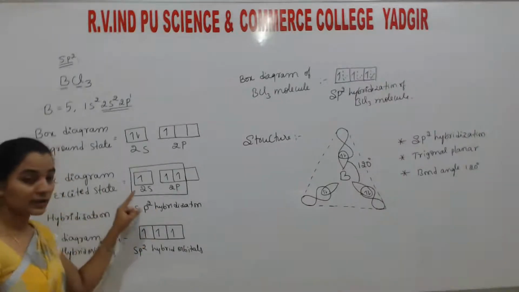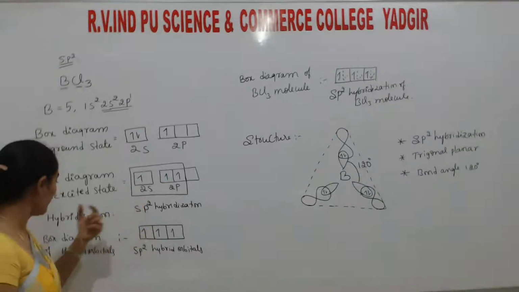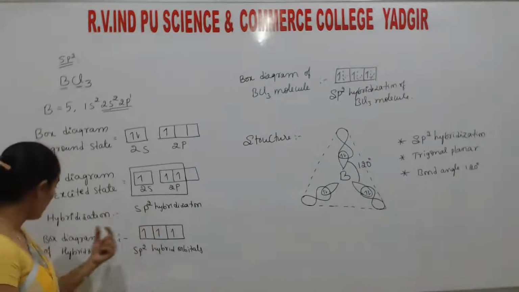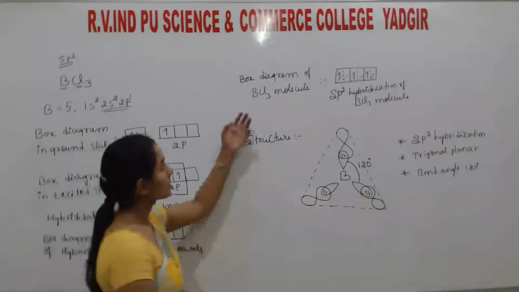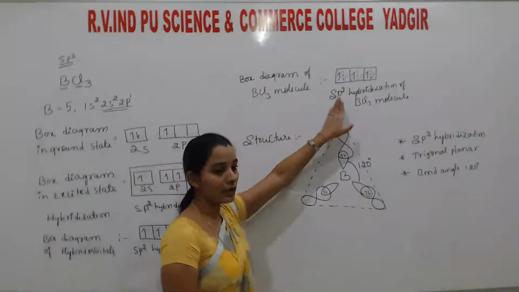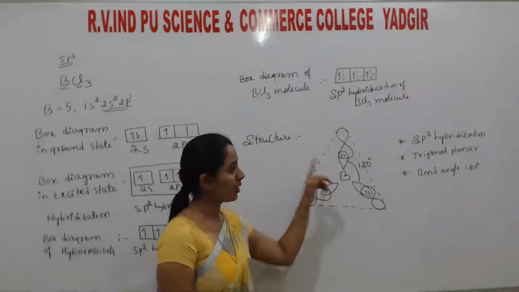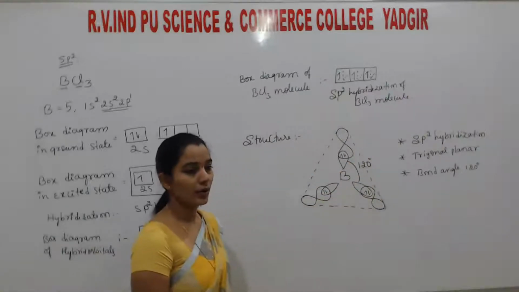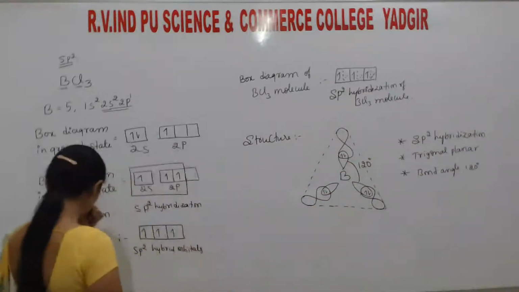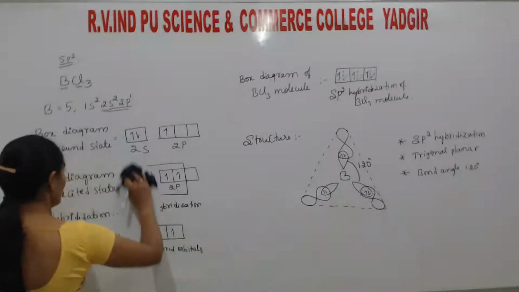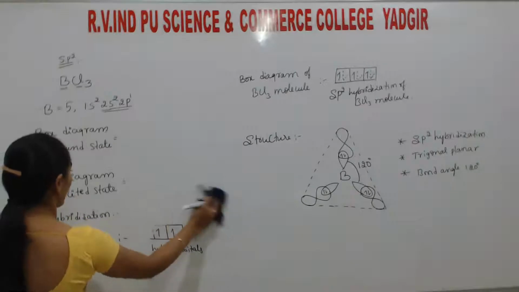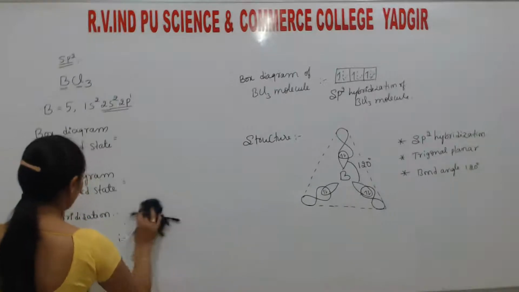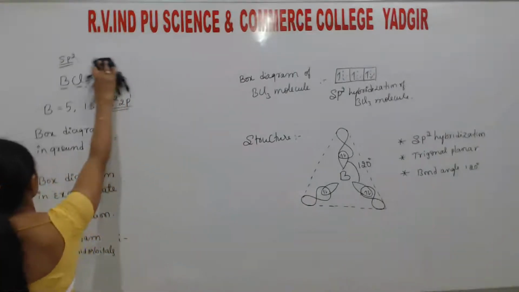Then the box diagram for the excited state. Next, hybridization. Next, the box diagram for the hybrid orbitals. Next, the box diagram of the BCl3 molecule and the structure of the molecule. Those are the points. Okay, next, another example for sp2 hybridization.